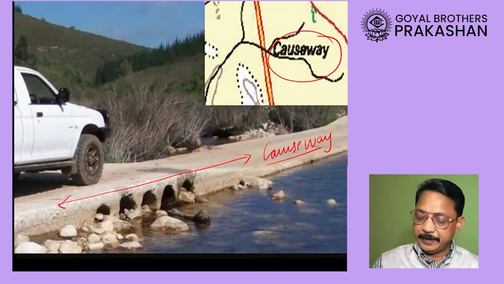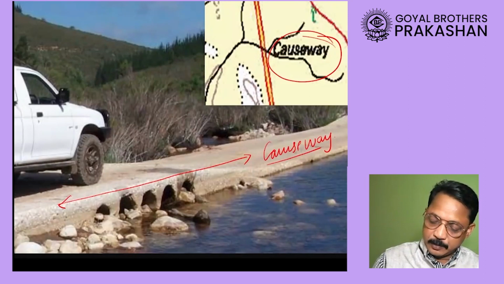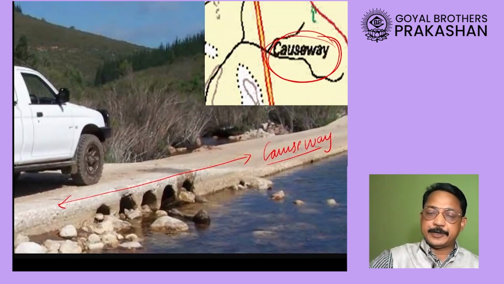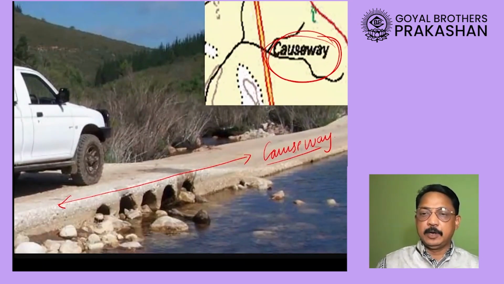Its symbol will be straight away the word written over there, causeway, wherever a stream and a road are crossing, or a small river and the road are crossing. If the word causeway is written on a map, it means there is such a road constructed over the stream or over that small river.